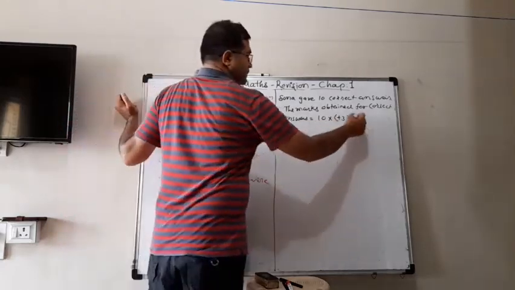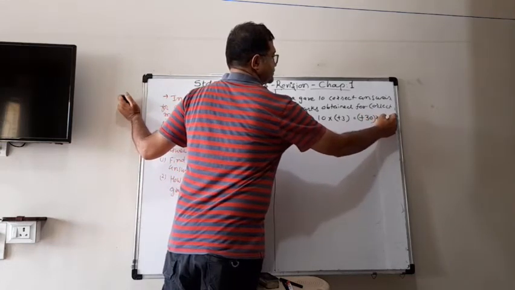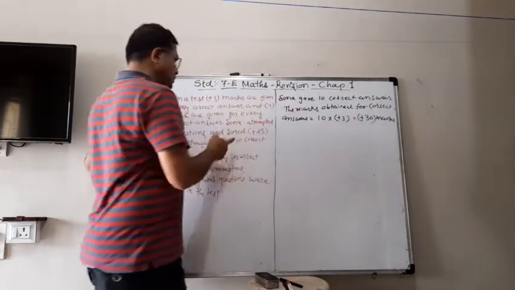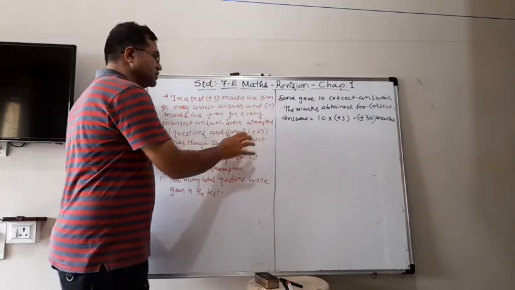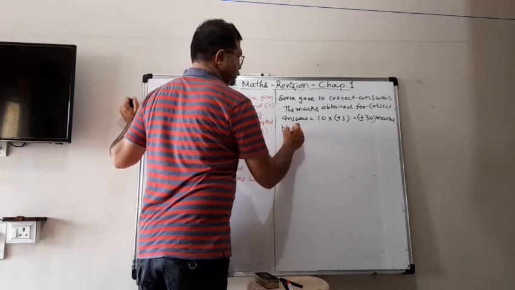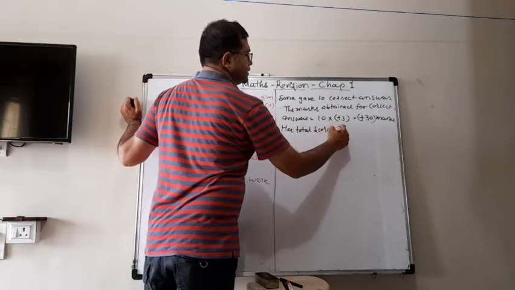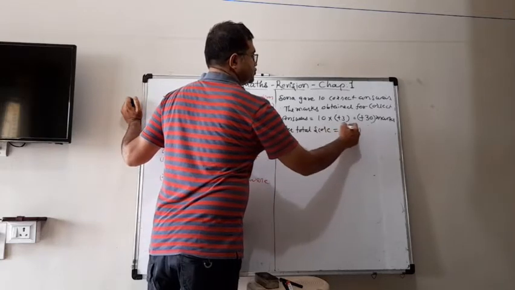So 10 multiplied by plus 3 will be plus 30 marks. But now her total score is plus 25. Her total score is equal to plus 25 marks.